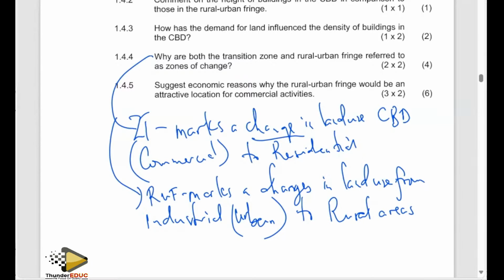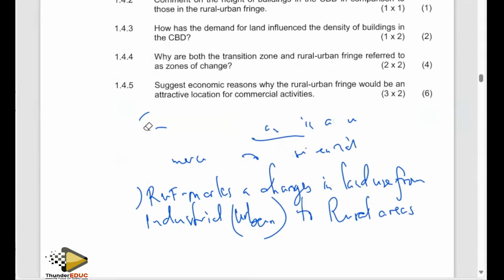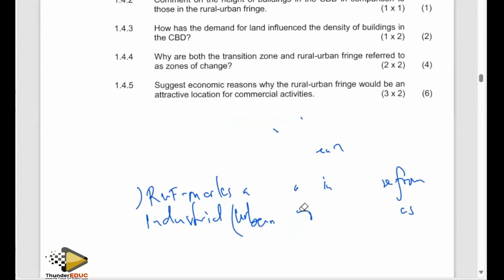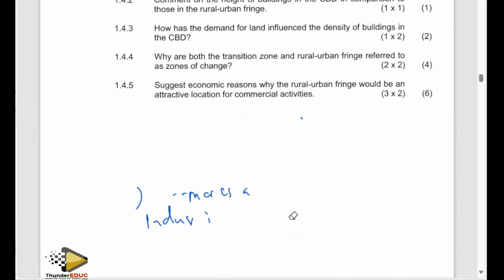Right. We move on to the next question. The next question is based on economic reasons why rural urban fringe would be an attractive location for commercial activities. We are saying businesses, why is it attractive? Why is the zone of transition attractive for businesses?